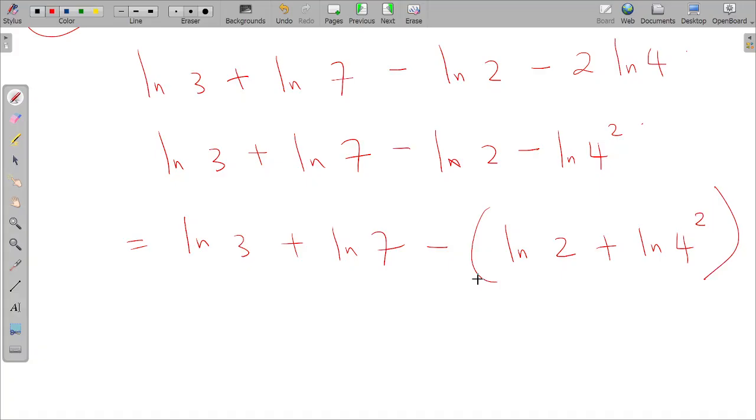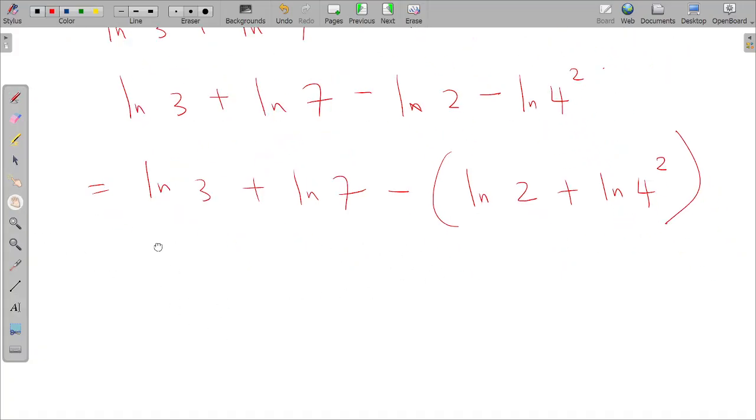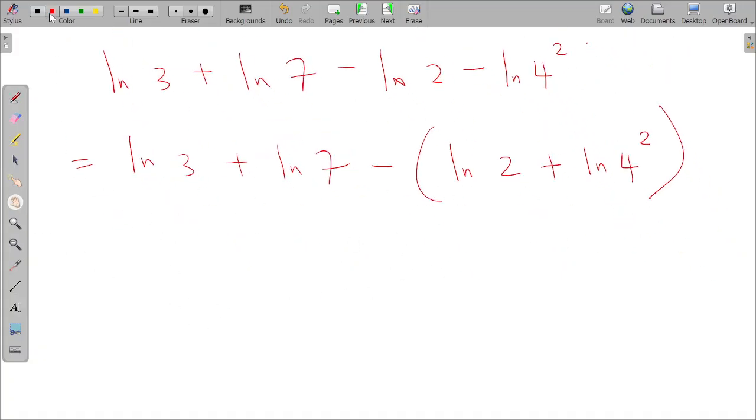Now this is ln and ln, so I can bring them together into one ln. Addition is multiplication, which gives us 3 times 7, then minus ln of 2 multiplied by 4 raised to power 2.